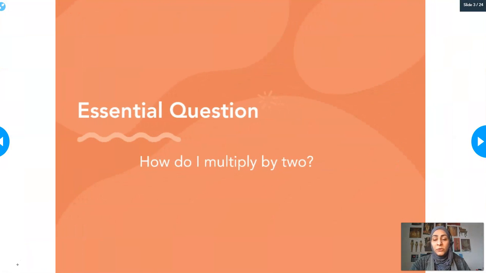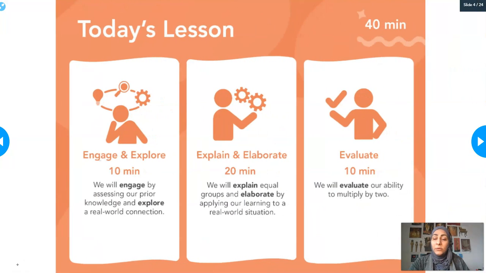There's an essential question, which is the big question I want you to keep in mind today: how do I multiply by twos? In today's lesson, we're going to engage and explore by assessing our prior knowledge and exploring real-world connections. Then we'll explain and elaborate for 20 minutes: we'll explain equal groups and elaborate by applying our learning to real-world situations.